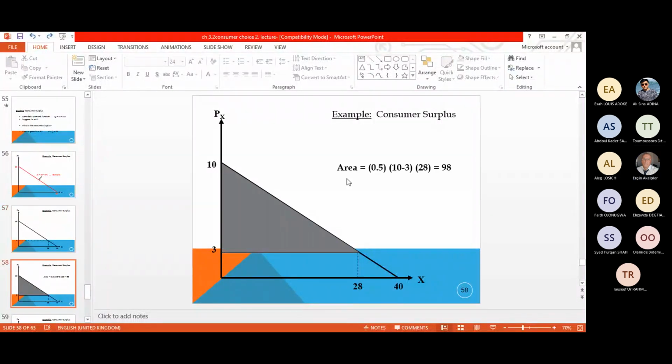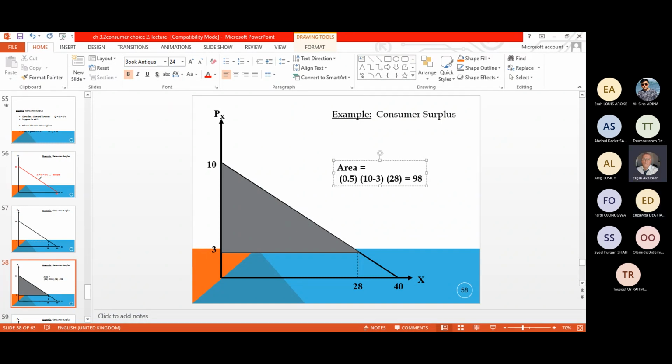The shaded area is the triangle, and the formula for the triangle is height multiplied by base divided by 2.